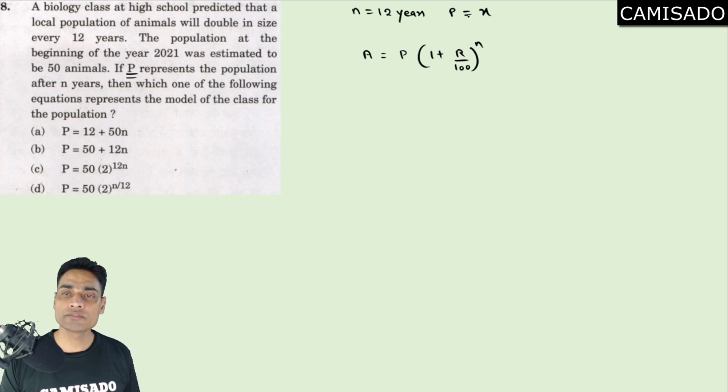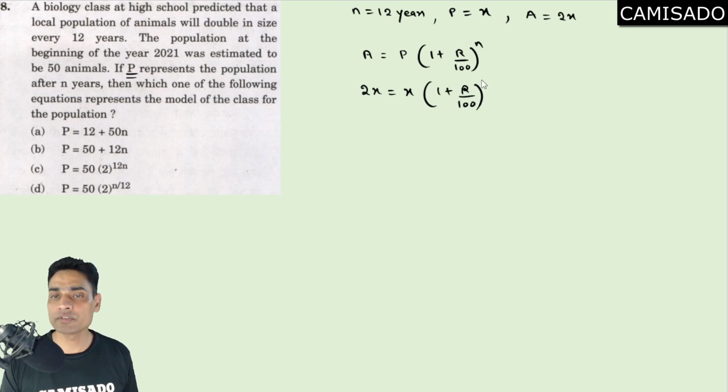So let this value be X, and after 12 years, it's given that the population of animals will double in size, meaning this amount becomes equal to 2x. So I can write here 2x equals x(1 + R/100) raised to 12. I am more interested in finding the value of R because the rest of the things I already have in my hand.